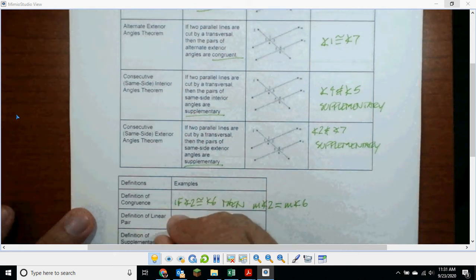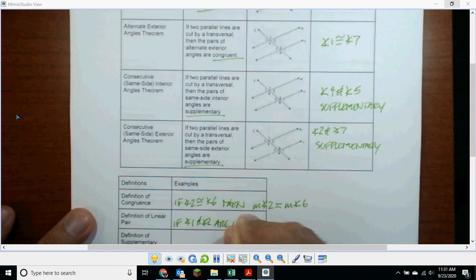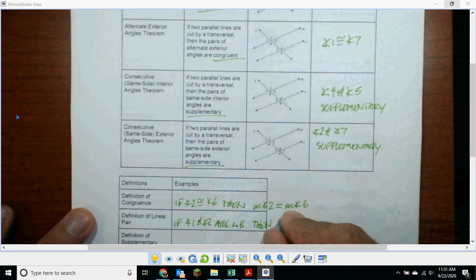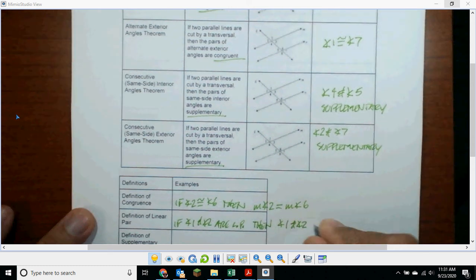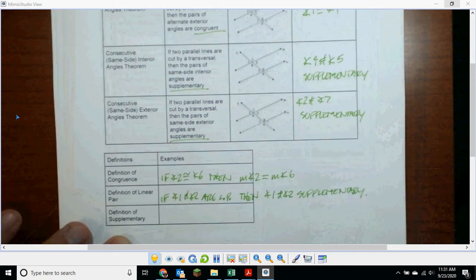Definition of a linear pair would say if angle 1 and angle 2 are a linear pair, then we know that linear pairs are supplementary, so angle 1 and angle 2 are supplementary. That's the definition of linear pair.